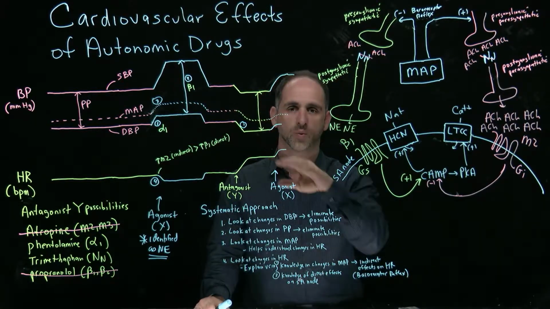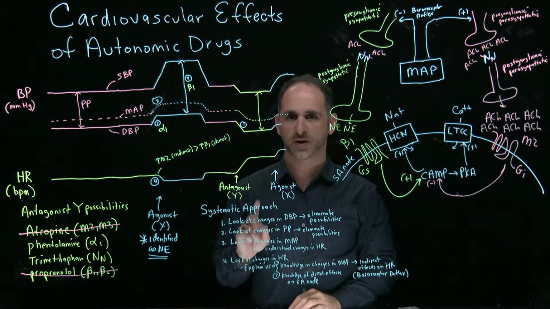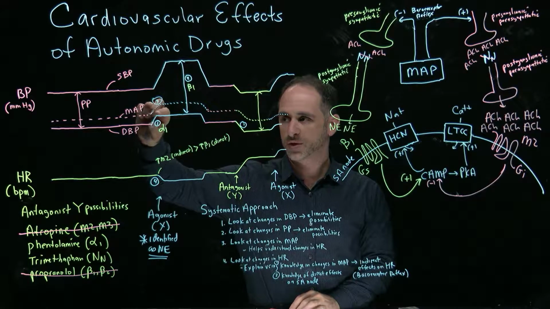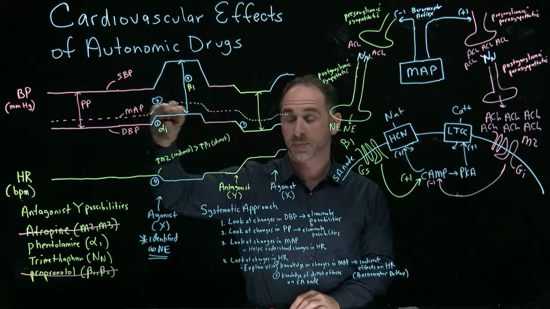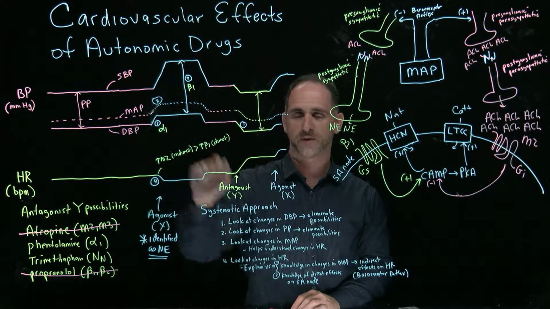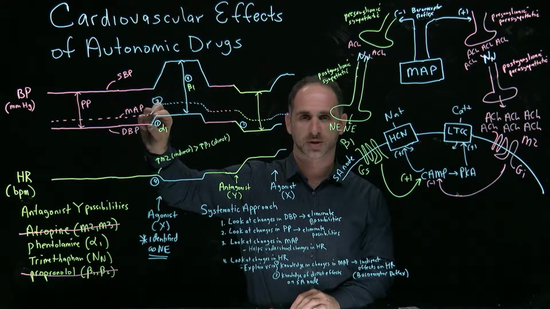So, what is going on here? You have to look very carefully. Do you notice that what was causing the diastolic blood pressure to go up in the first place, we already knew this is norepinephrine, was alpha-1. That was the receptor that was responsible for this change.